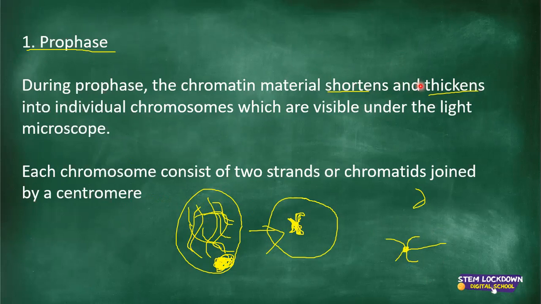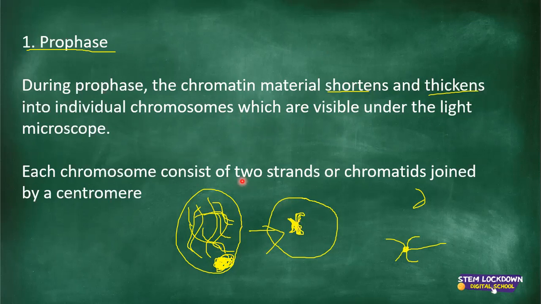So when you think of prophase, think of shortening and thickening of chromatin material. As you can see in this diagram, it's long, thin strands here. Then during prophase, it's shortening and getting thicker.